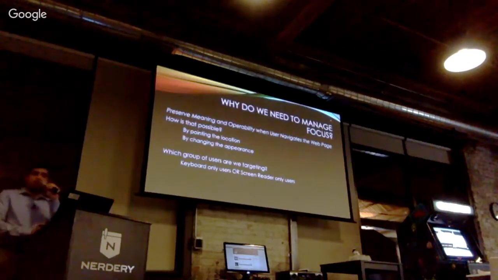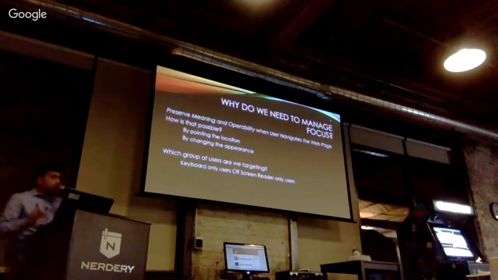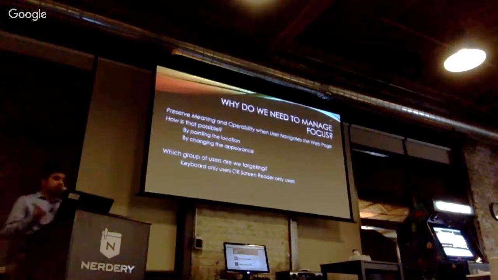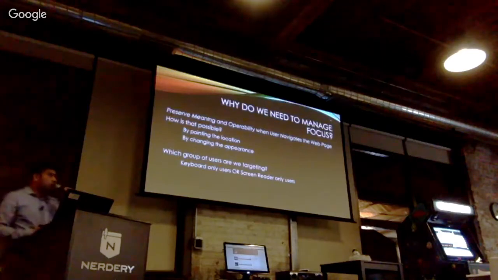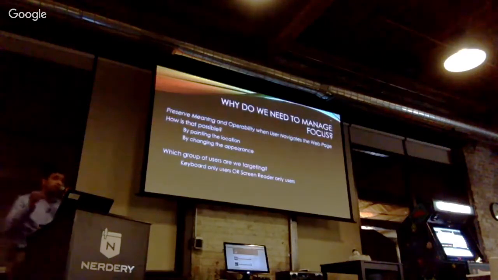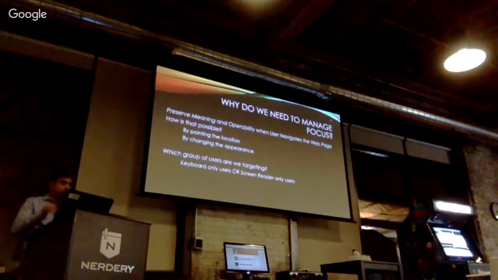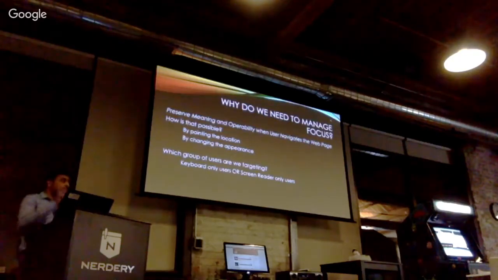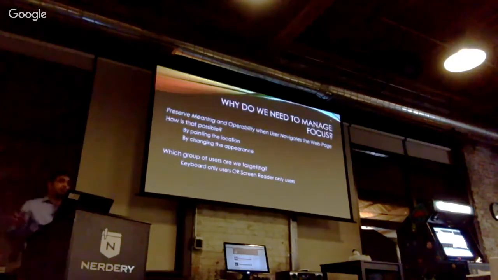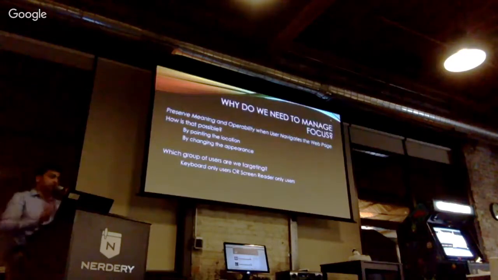When the user goes to a new page, the user wants to know where they are, because with a mouse you can just point, more or less like a touchscreen. Whereas if it's only keyboard, you want to tell the user where the focus is, so the user knows which keys on the keyboard to use to get to the next place on that specific page. That's called pointing the location.